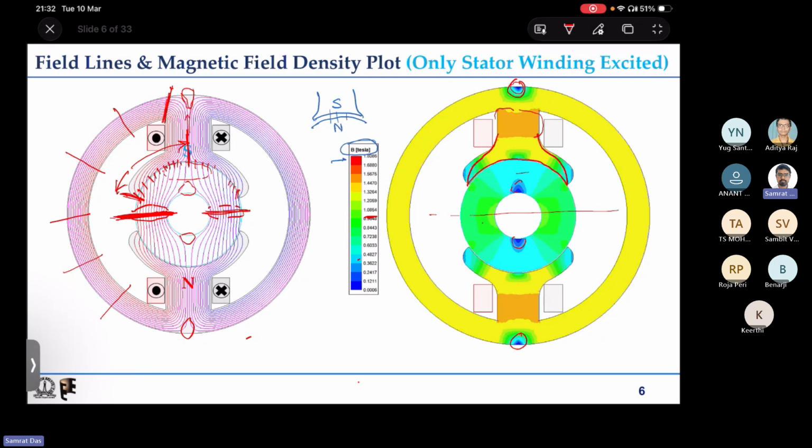Flux densities are quite low in those regions, so we can cut down on that volume of material, and that will lead to weight reduction, material saving, and so on. All those things will be there, because those portions are anyway not being utilized properly. So that will be a more realistic pole shoe shape.